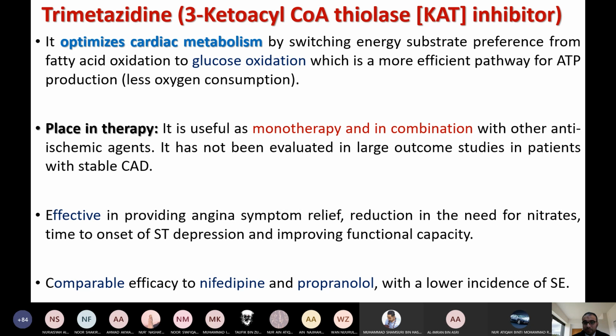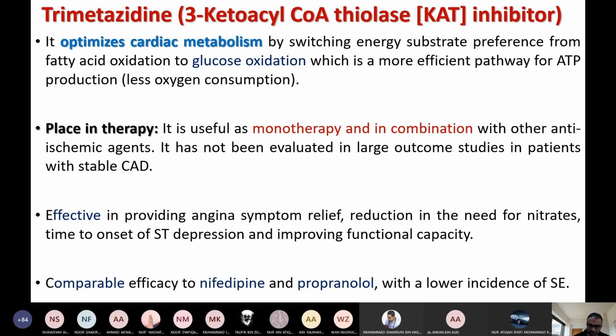As replacement therapy, trimetazidine, I think many of you may know this one, Vastarel, is a very common medication. It has been used as a monotherapy or in combination with anti-ischemic agents, and it has been on the market since very long.